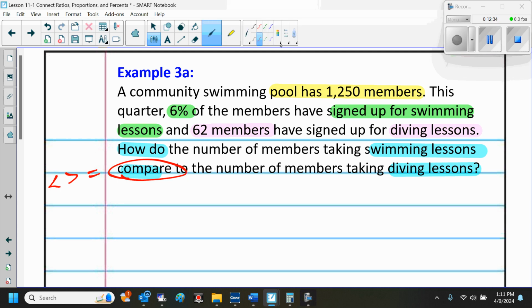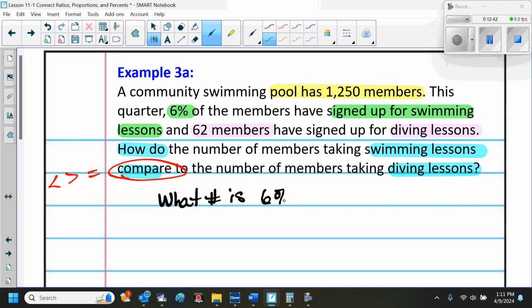All right. So my what number question could be, what number is 6% of 1,250? Okay? Now, because we have this what number question, let's go ahead and use our equation. So, there's my what, that's going to be the x.